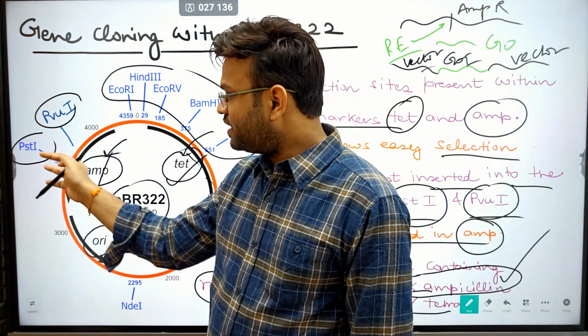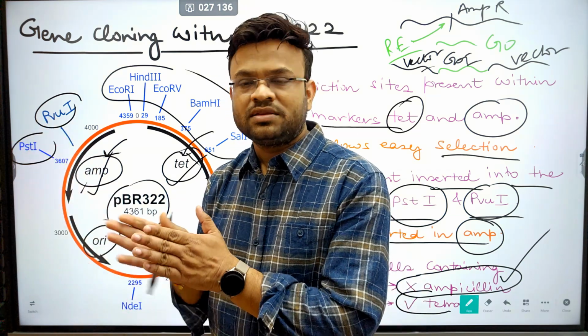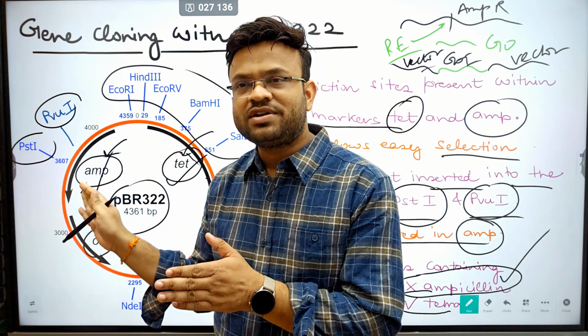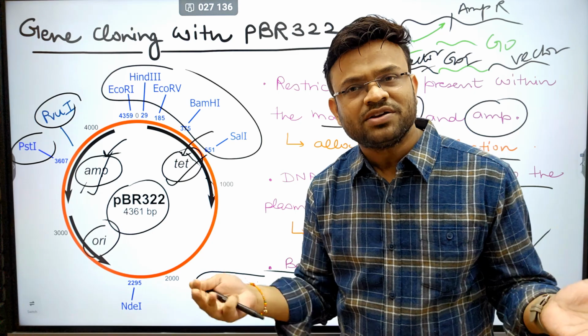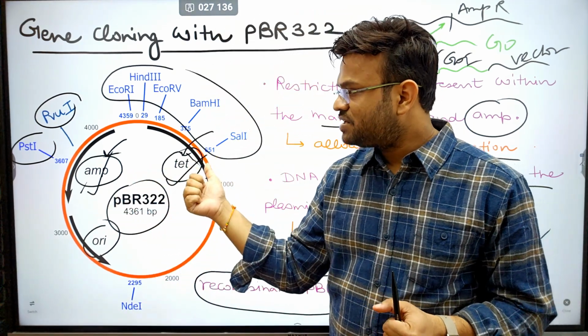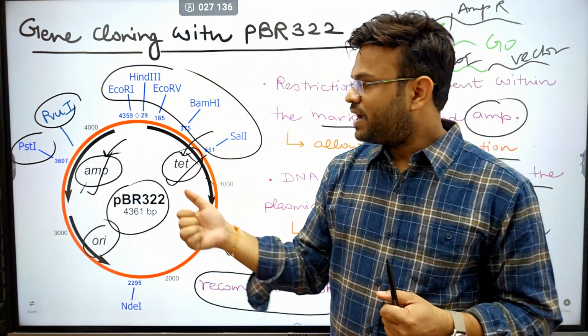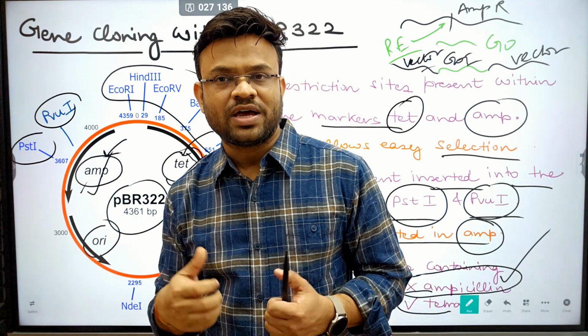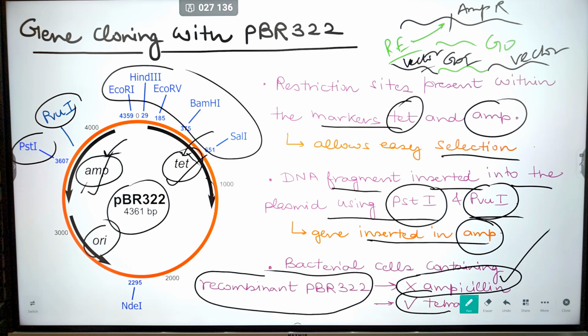If you have cut it with PstI or PvuI, then of course this ampicillin resistance gene will be non-functional, but again the tetracycline gene would be functional. That is why it will survive in the presence of tetracycline antibiotic, and it will be killed in the presence of ampicillin antibiotic. So I hope you have got this clear in your mind. You can take a photograph of this.